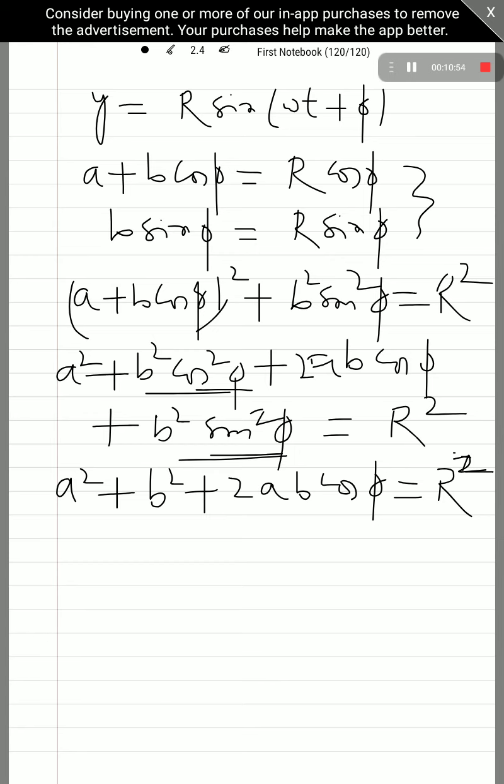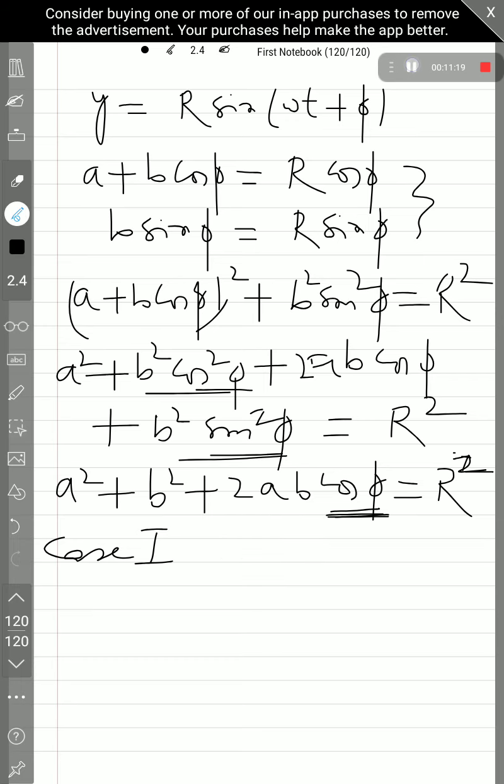Now let us talk about phi, because this phi will decide the full expression. Let us talk about case 1, when cos phi has to be 1.